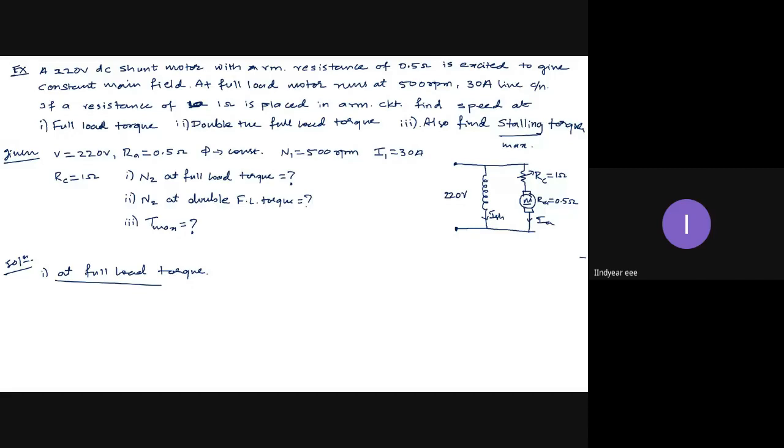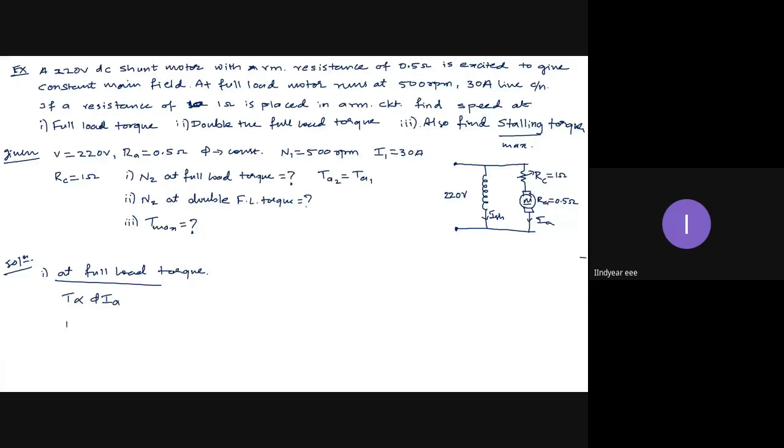So at full load torque, here my TA2 is the same as TA1. There is no change because at full load, the speed is 500 RPM. Now the load is full load torque, but there is additional resistance. That is the only change. So my T is proportional to phi into I. This we know.